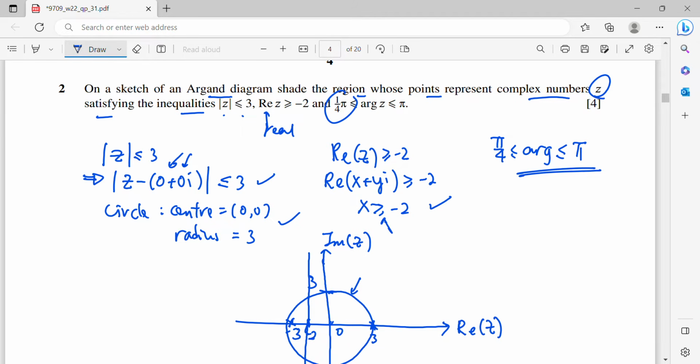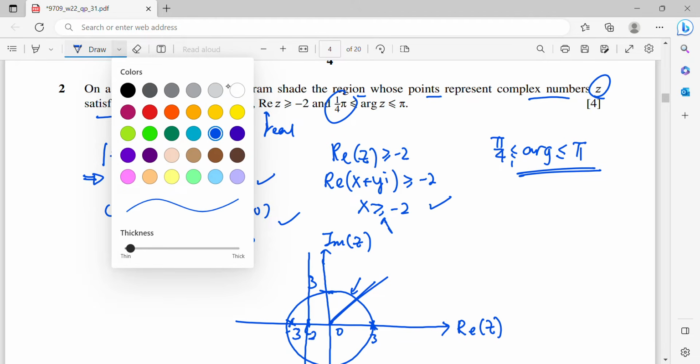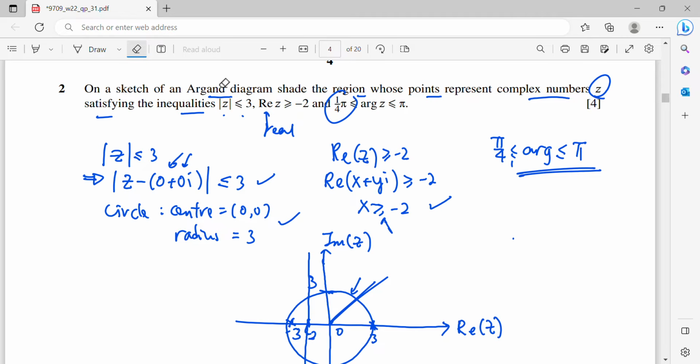And same explanation, because there's an equal sign here, there is an equal sign, therefore you have to draw a solid line. So solid line, and then we will label the angle as pi over 4. So the angle is counted from the origin. So this is origin. And then it's up to pi. Pi is the horizontal line over here.